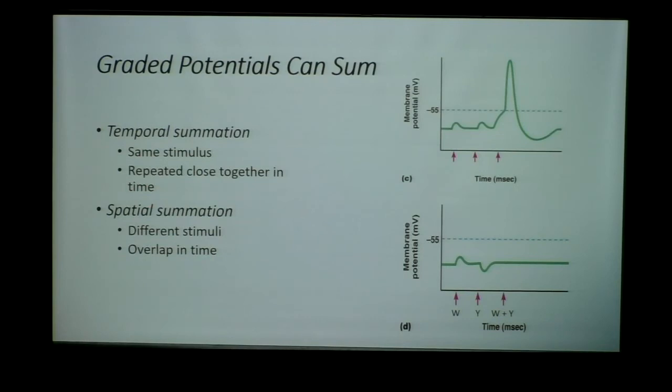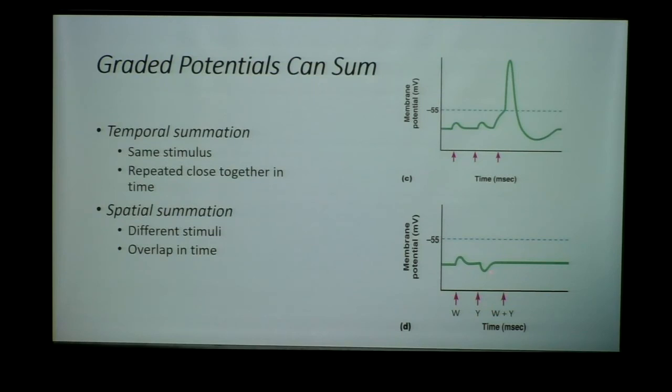Spatial summation happens at different points. So we have different stimuli on this neuron. Looking at our soma or our cell body, let's say we have neuron X synapsing onto this neuron. And let's say neuron W fires a graded potential onto this neuron. Let's say neuron Y also fires a hyperpolarizing stimulus, right?